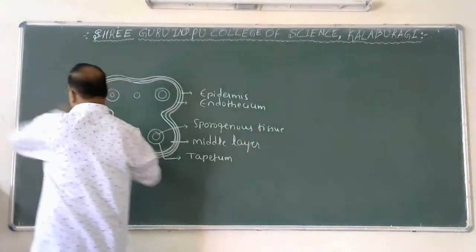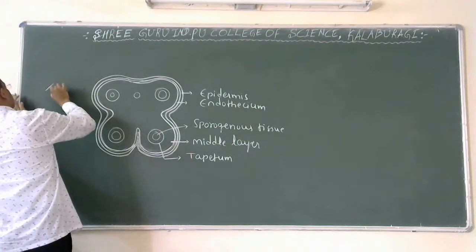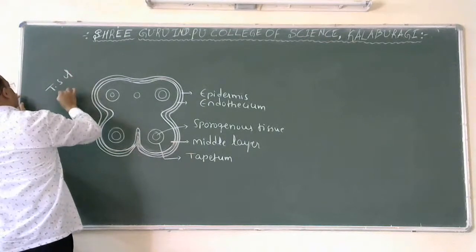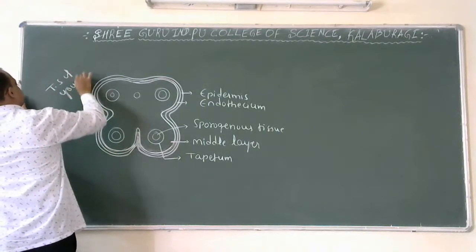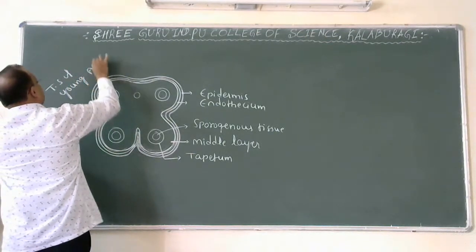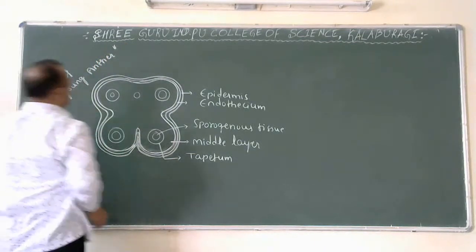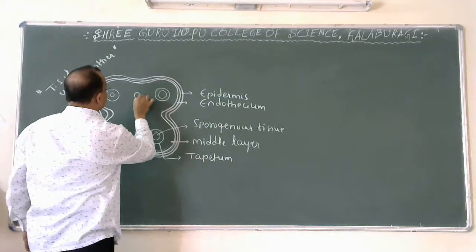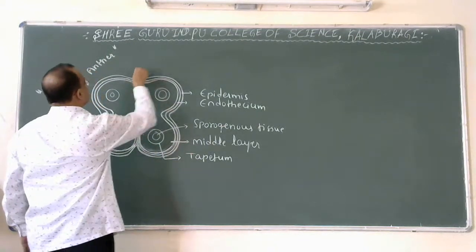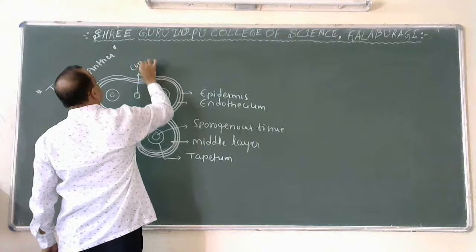This is a transverse section of young anther. This middle part is connective.